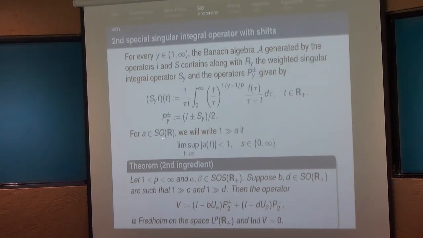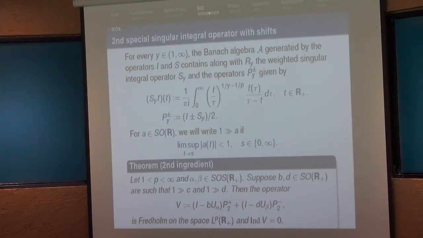For all A slow oscillating, if 1 dominates A, so this condition is fulfilled at points 0 and infinity of the positive half line, then we have another ingredient to study Fredholmness of general Cauchy singular operators, which was in the first slides.